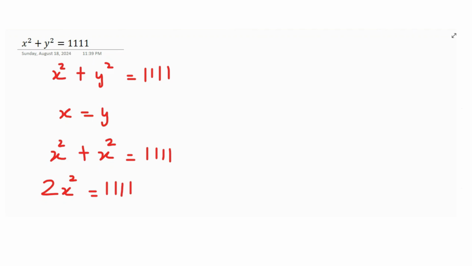Now we have to find out the value of x. This means that we would take 2 to the other side, and since it's x squared, we would also take a square root on this side.